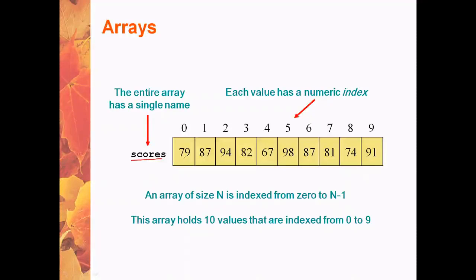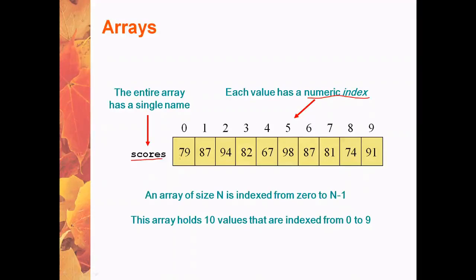Say the values are 79, 87, 94, 82, like this. An array always stores values in order, so in continuous memory locations. All the elements are stored in the array, and each value has a numeric index. Remember, in an array all the values have a numeric index.